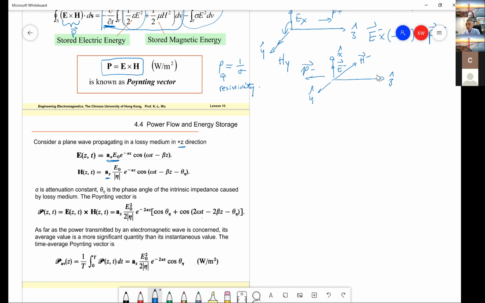Let's recall, for a plane wave, we always have a relation: the magnitude of E over H equals a constant in free space.